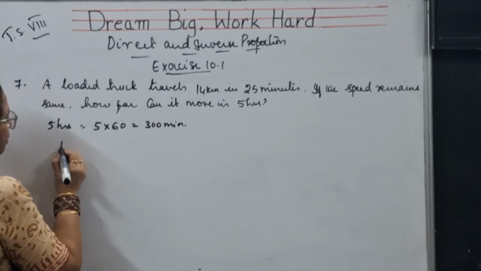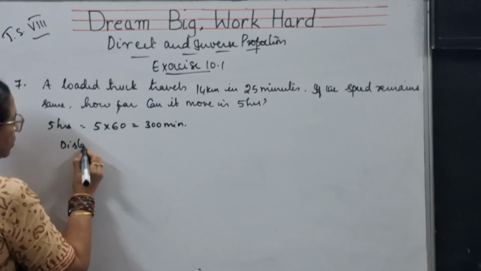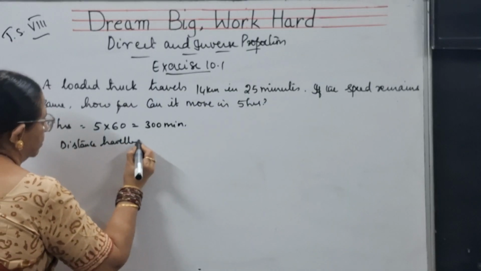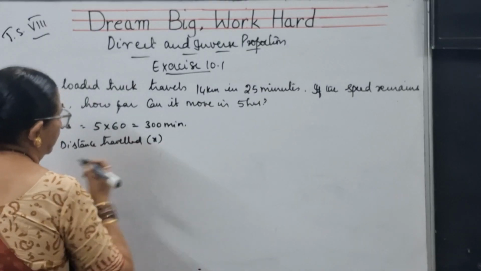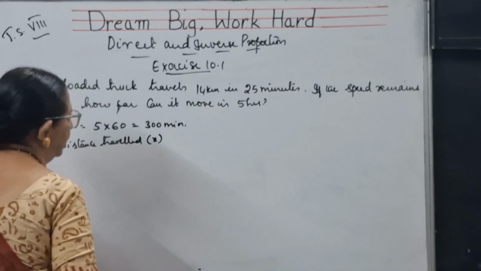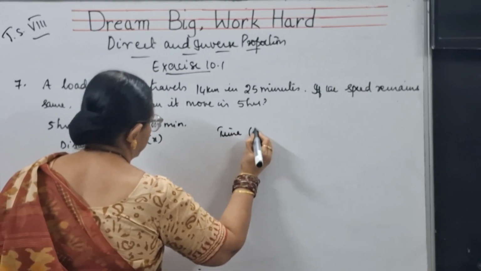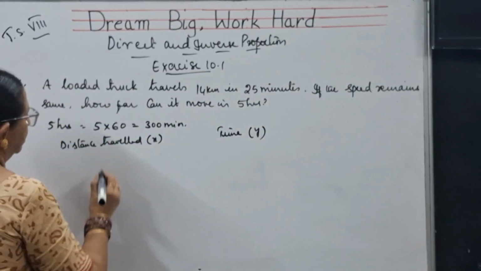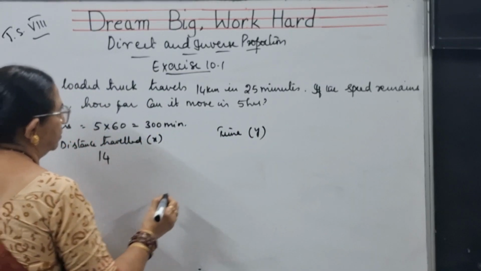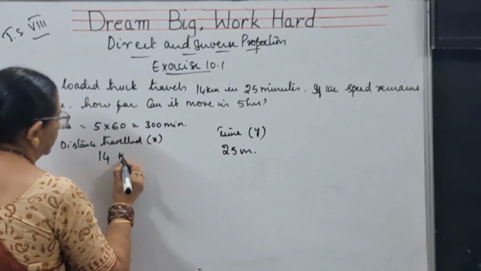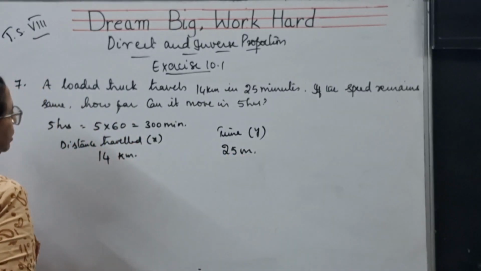Let us write this. We will take distance traveled as x and time as y. 14 kilometers it is traveling in 25 minutes.